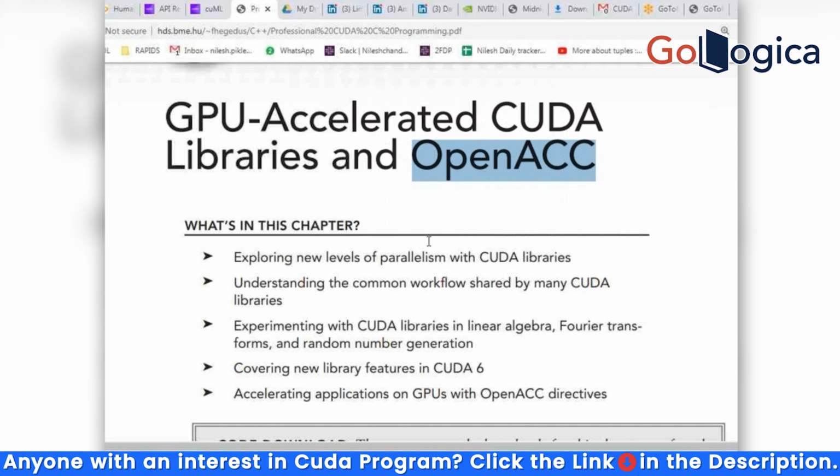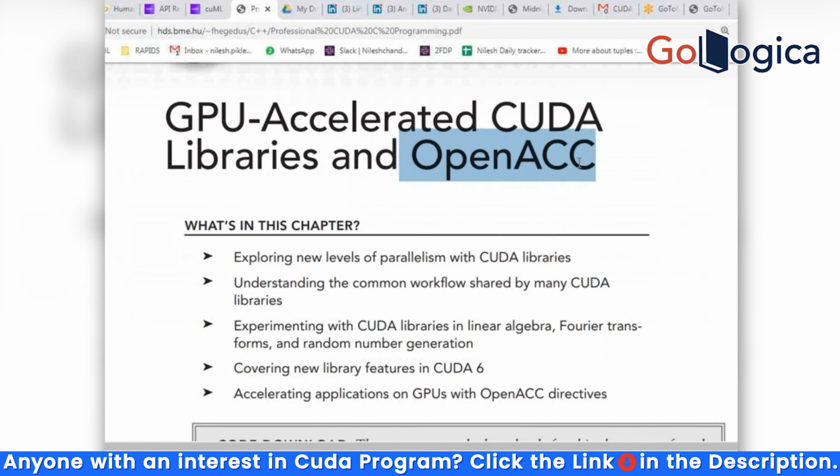For example, I'll give you one C program. By writing a single line of code only in your C program, you can convert this entire program to run on GPU, right? So whatever tasks you are doing explicitly in CUDA, those tasks will be automatically executed using this OpenACC compiler, right?